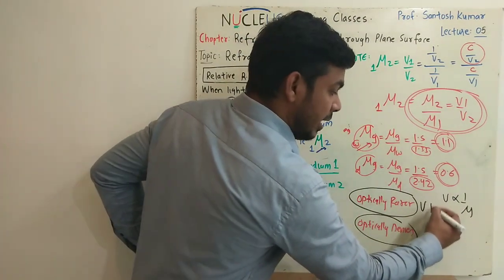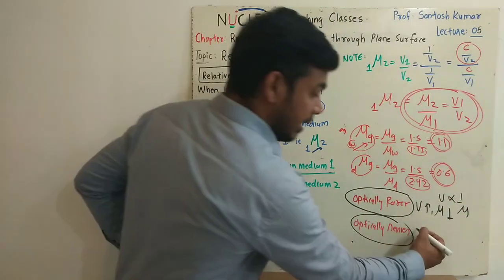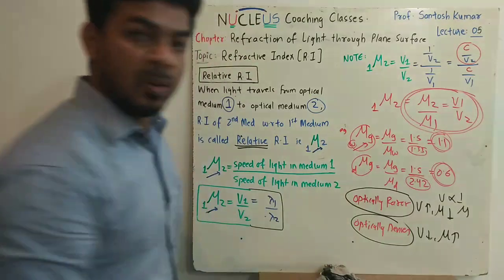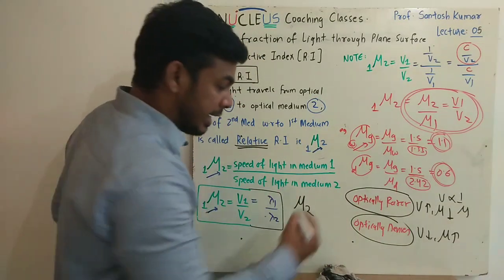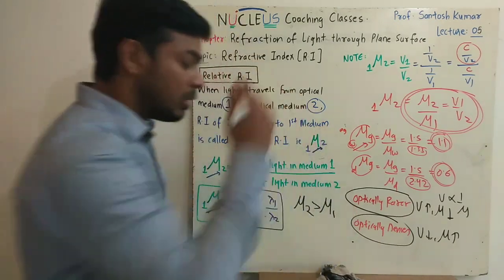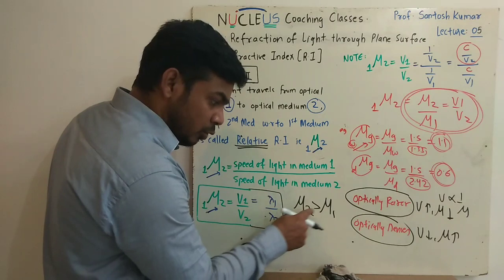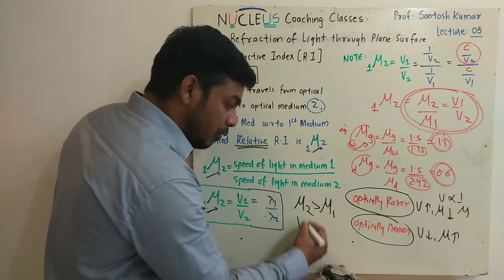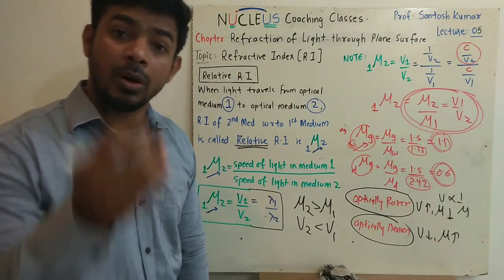So velocity more, so the refractive index value will be less. Here velocity less, so the refractive index value will be more. That means if I say the refractive index of the second medium is more than the first medium, it explains that the speed of light in medium 2 is lesser than the speed of light in medium 1.